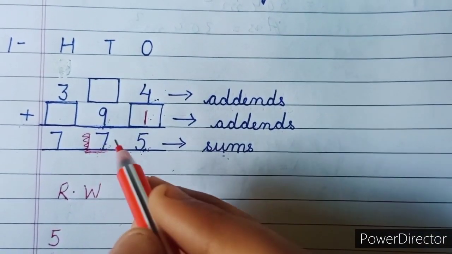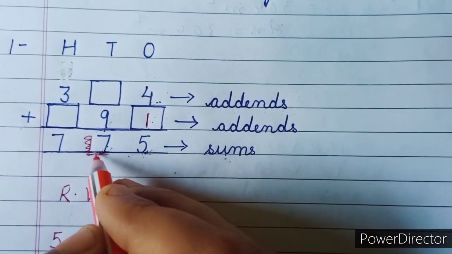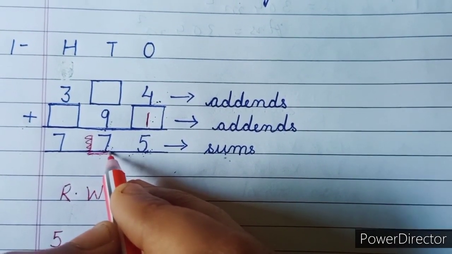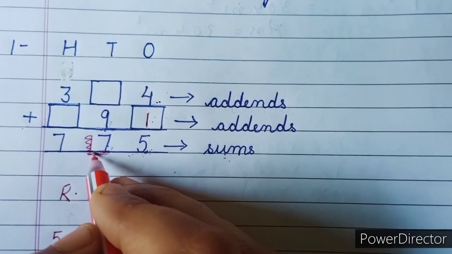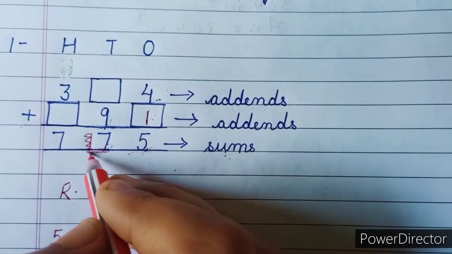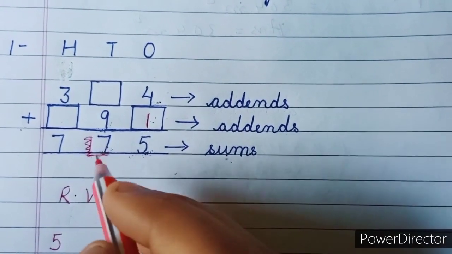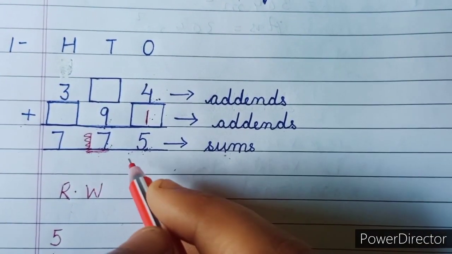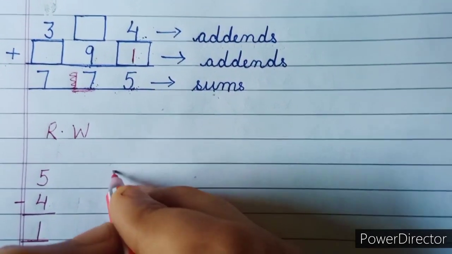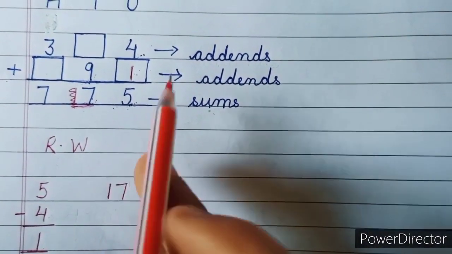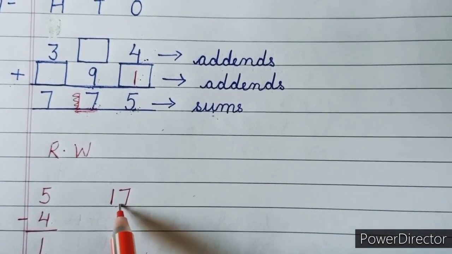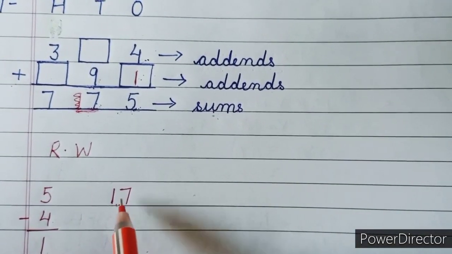I have already told you that if the answer number is small, then we will put 1 in front of it. Now if we add 1 here, it will be 17. Now this is a big number.